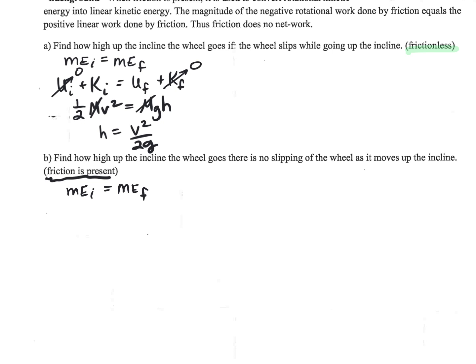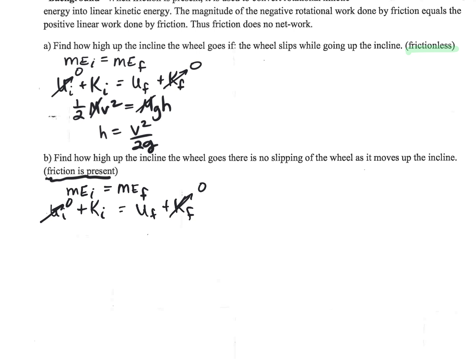So we have U initial plus K initial equals U final plus K final. But do we have U initial? Starting at the bottom, no. It comes to a stop, so K final is still 0. But K initial is higher. It is now a combination of, wait, no, it really is.